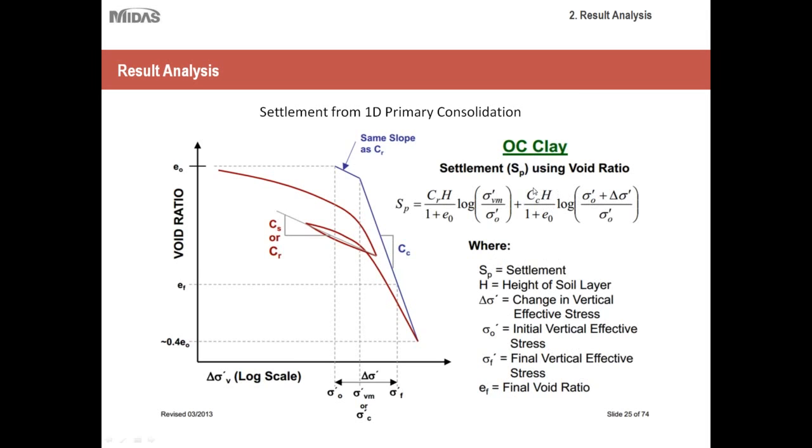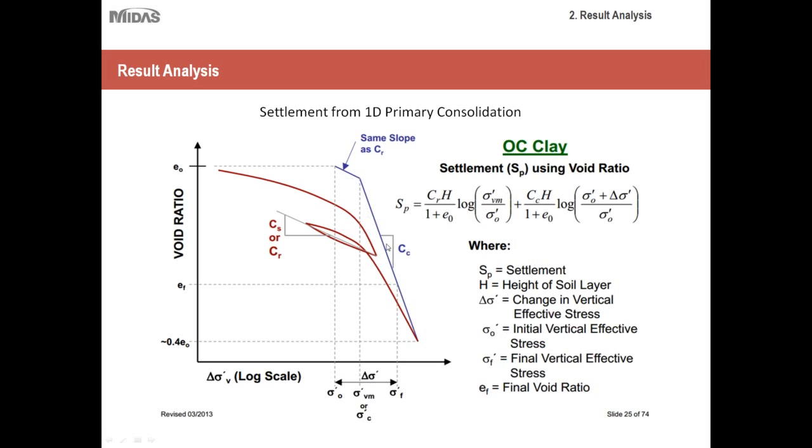I won't go into detail about how this step was derived, but just keep in mind that if clay has been over-consolidated, there are certain other factors that need to be taken into account. First and foremost, this value here. As you can see, this value corresponds to your initial vertical effective stress, and then also this value here.